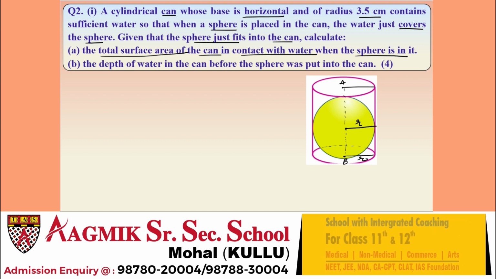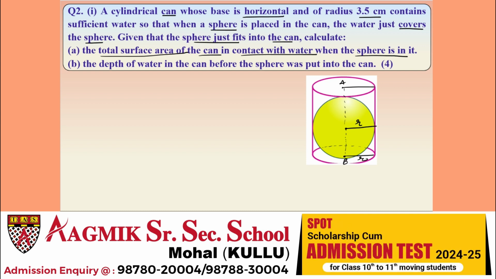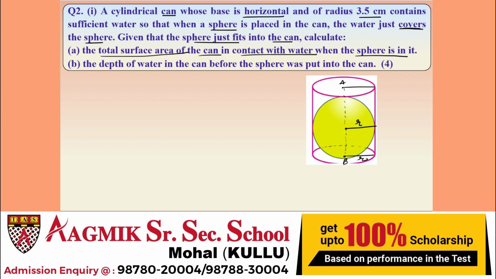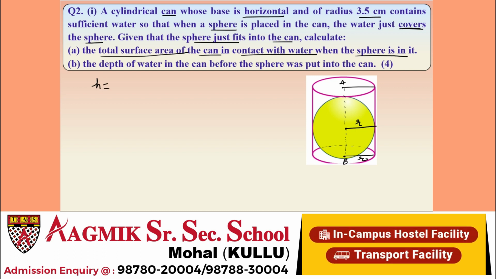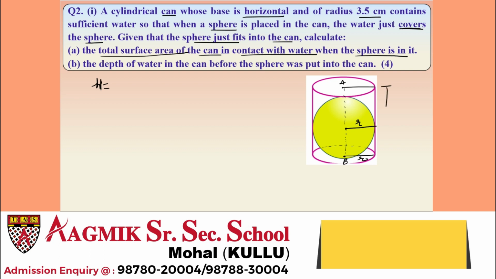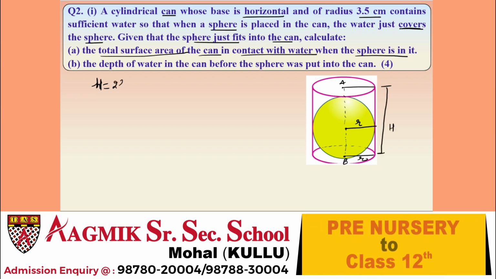Now since the sphere is placed in the water, the water just covers the sphere. So that means height of the cylinder will be equal to 2 times r. Maybe we can assume it to be capital H. So this height of cylinder, that is capital H, will be nothing but 2 times r.